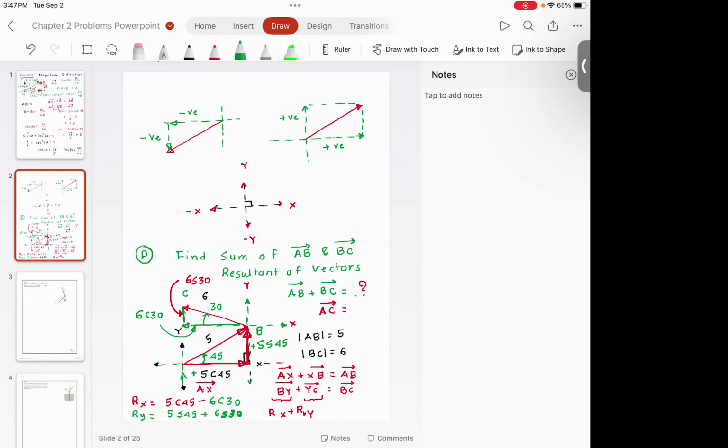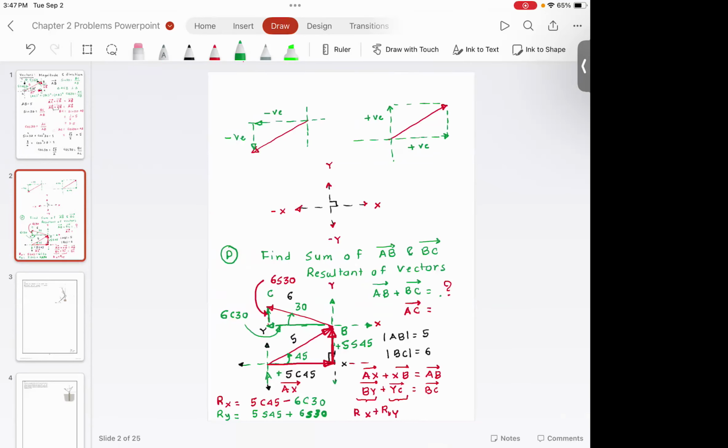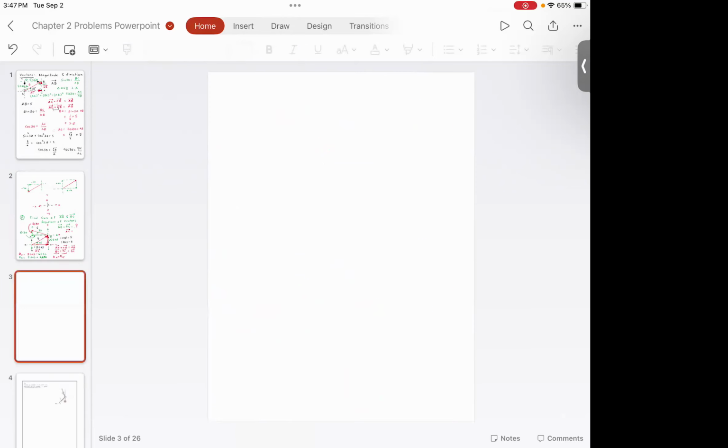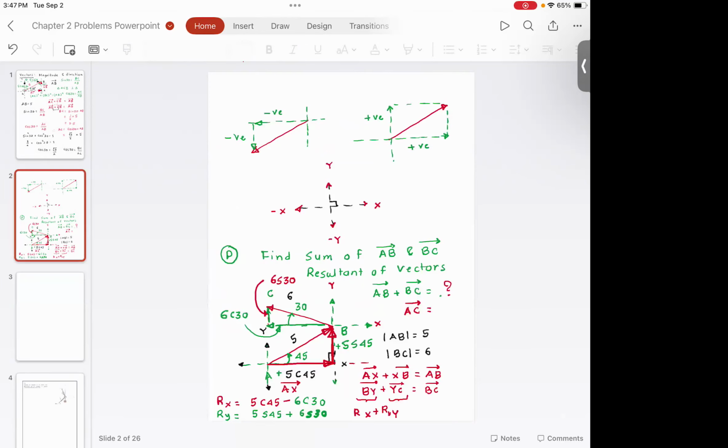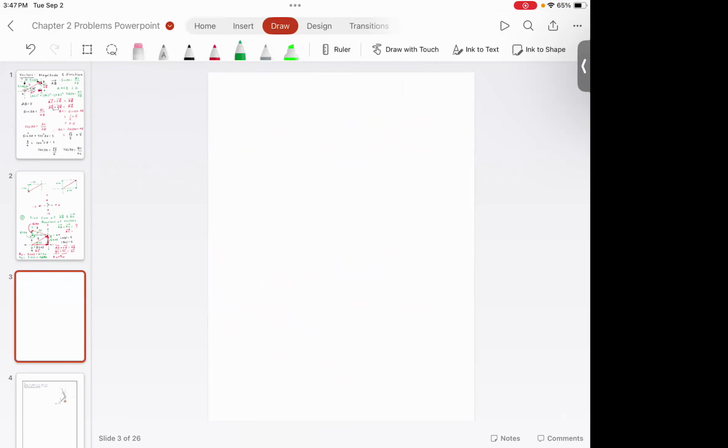Now use your calculators and tell me these values real quick. But if you want to write this expression down, tell me what is Rx and tell me what is Ry.